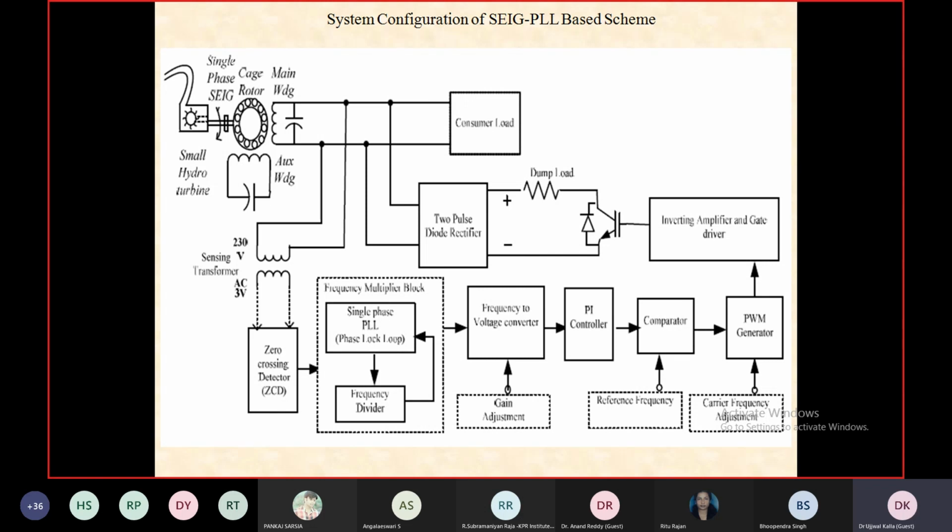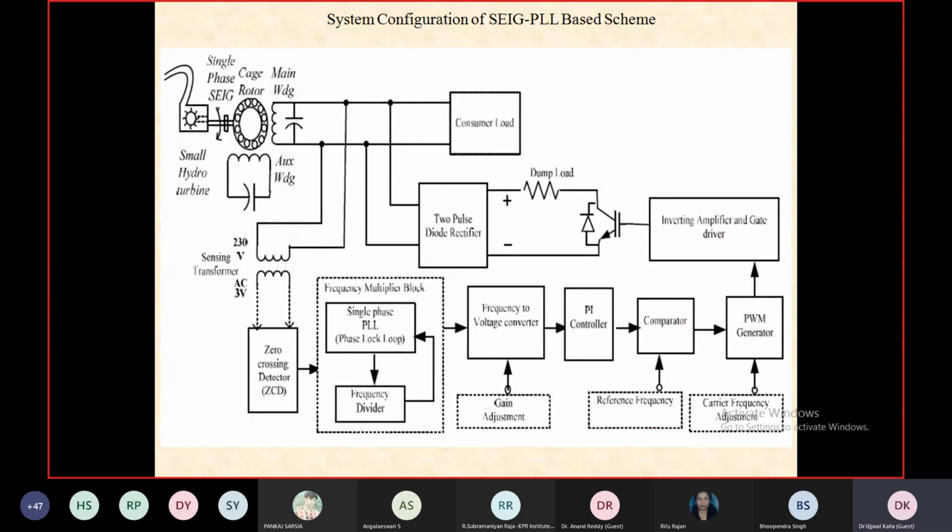Instead of voltage, I have considered system frequency as a feedback variable, because in an induction machine system, the magnetization curve of the generator moves in an upward or downward direction when we change the system frequency.